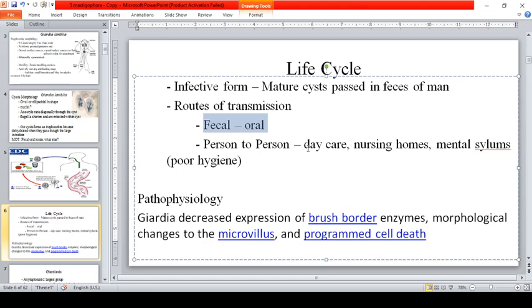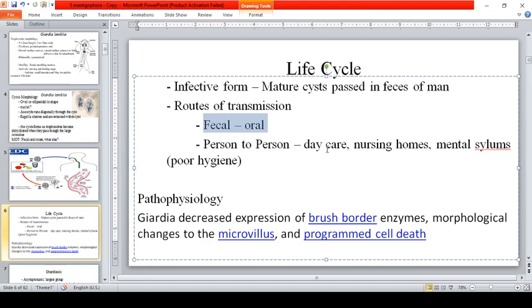For example, in a daycare center, the infective stage, the cyst stage that is present in one child, can be passed to other children. For example, hinawakan ng bata yung kanyang puwet, may naiwang tae, merong cyst, so may napunta na cyst sa kanyang kamay. And then, may kina-holding hands siya, yung kina-holding hands naman niya, na-infect na yung kanyang kamay.